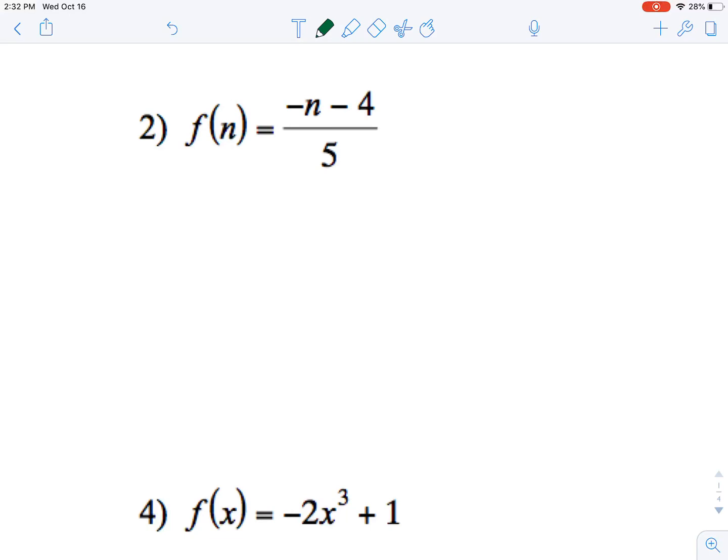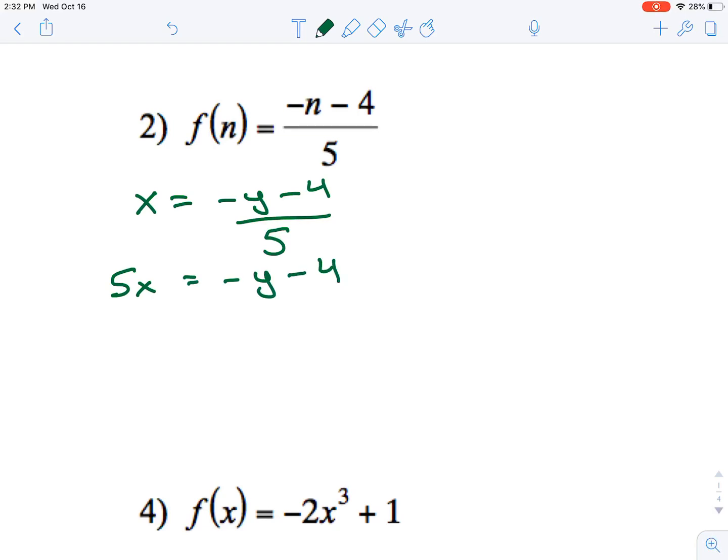I am not going to do all this rewriting on every single problem, just for that first one. So for this one, I know that I'm going to have x over here, and I'm going to have y here, and I need to solve for y. So my first step is to multiply both sides by 5.